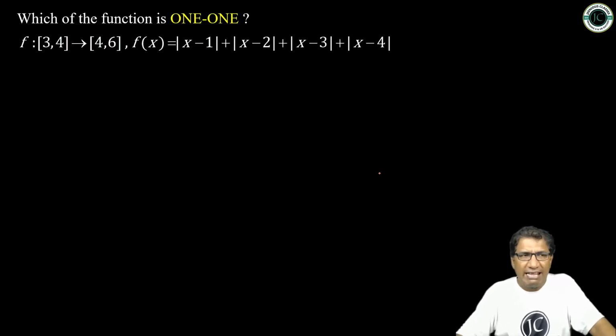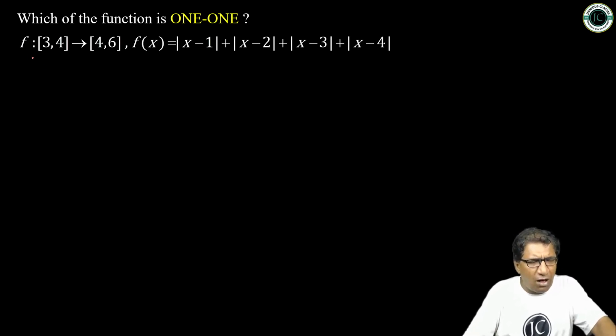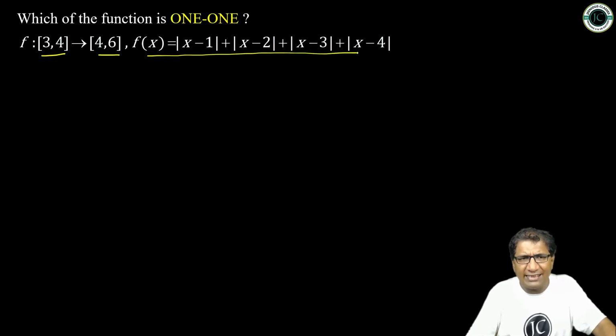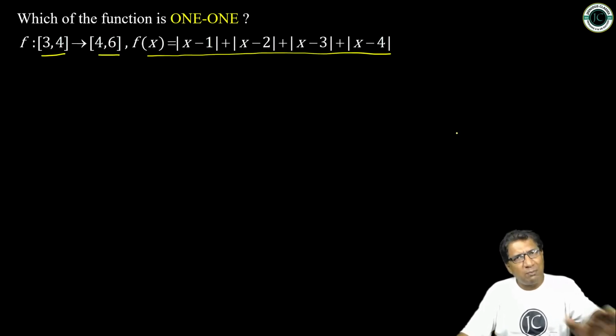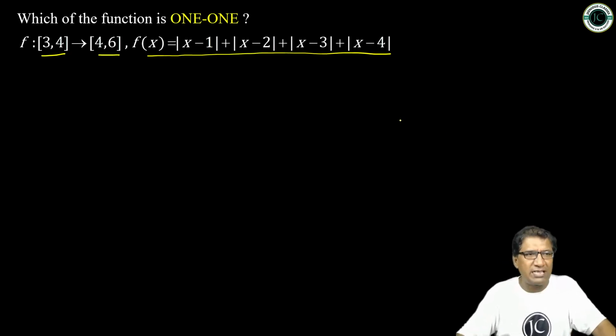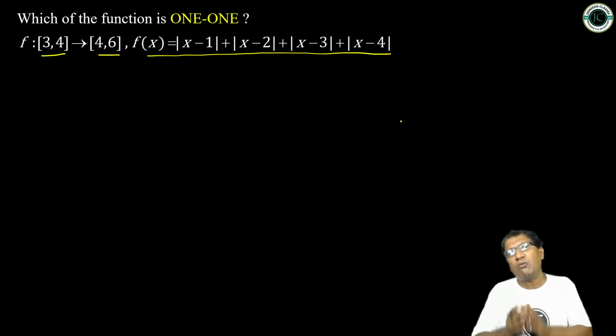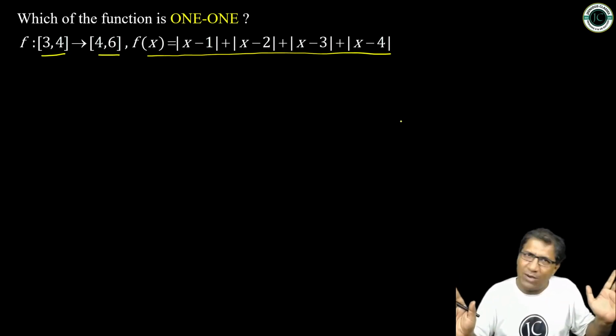See this. The function f is defined from [3, 4] to [4, 6], and the function is defined like this: mod of x minus 1 plus mod of x minus 2 plus mod of x minus 3 plus mod of x minus 4. Now we have to check whether this function is a one-one or many one function, right?